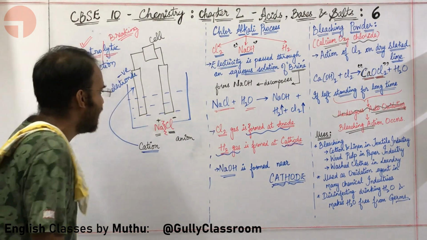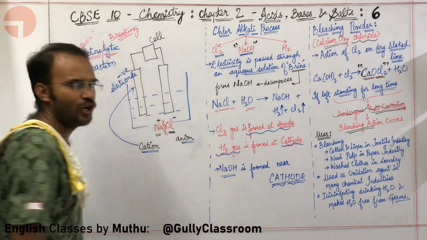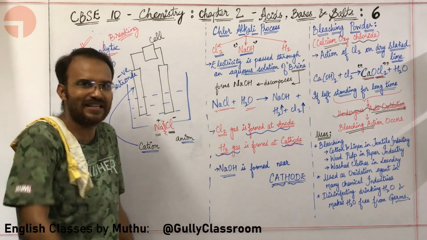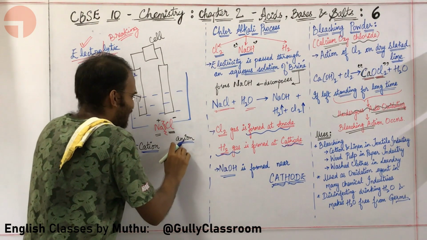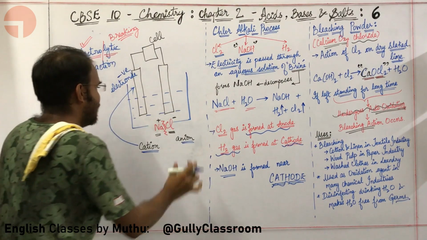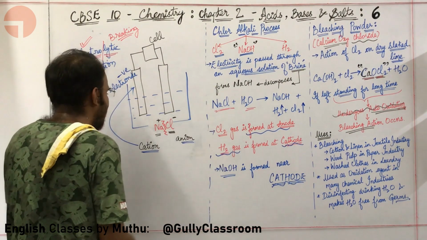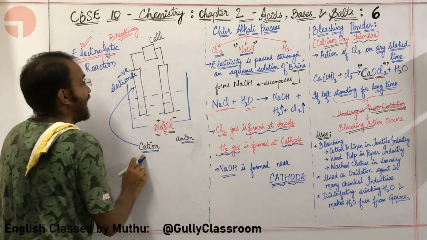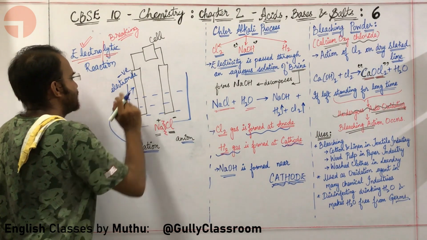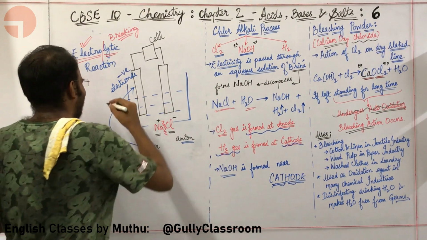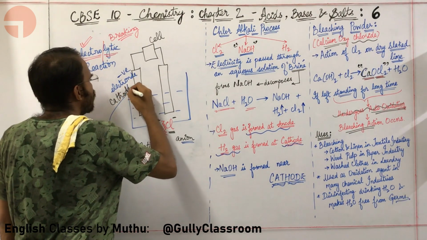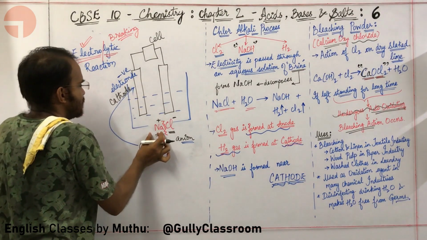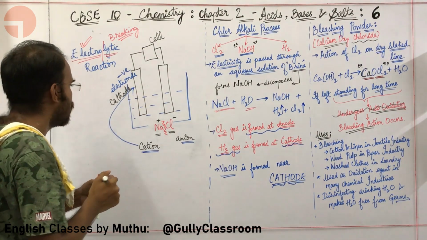So dedicated to her, I remember anion as a recollection of all my sweet memories of getting thrashed by my miss. So anion is negative, dedicated to cats at home, positive cation. Because cations are positive, they will be attracted towards the negative electrode, and the negative electrode is called the cathode, because this electrode attracts cations or positive ions.